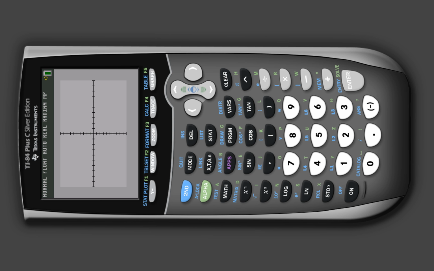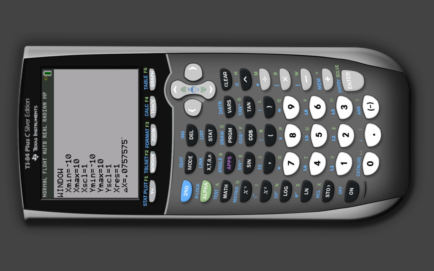Since my intersection point would be at 101, I should set my window such that it is higher up, so probably the Y range between 99 and 105, to give me a better picture, right?